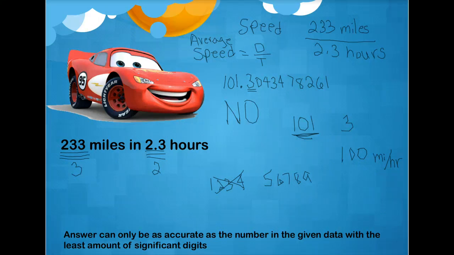So the most accurate answer is 100 miles per hour. Now this only has how many significant digits? 1. It only has 1 significant digit because these zeros at the end are not significant. But we can't have 3, so there's no other option. So 100 miles per hour is the most accurate answer that we can give for this problem.